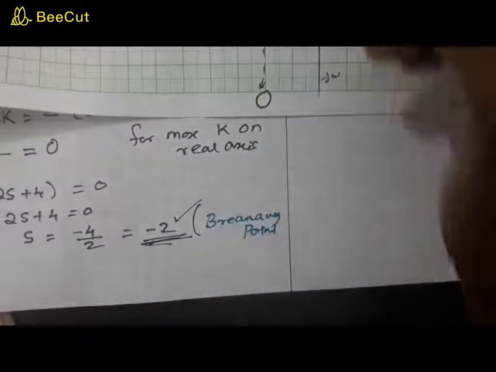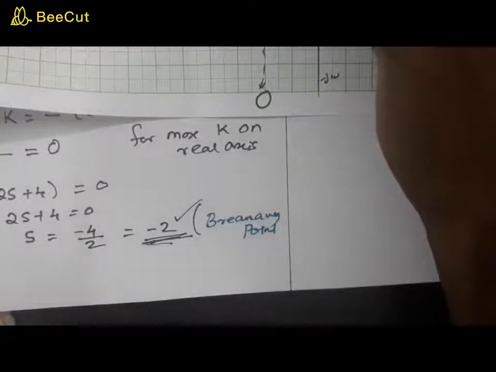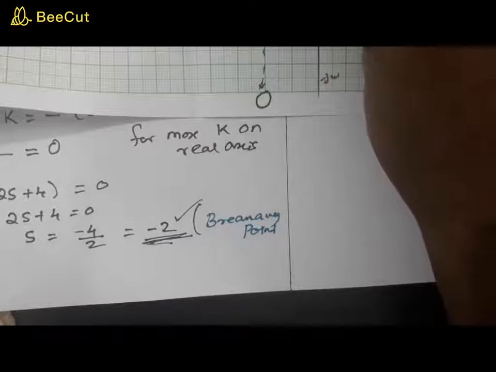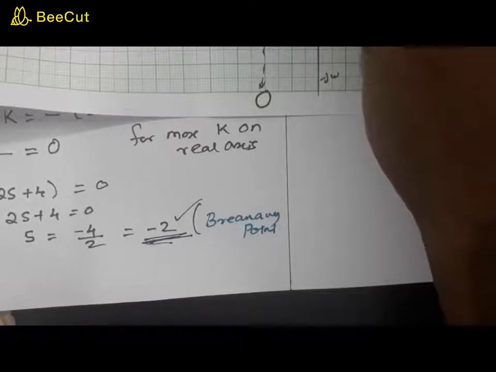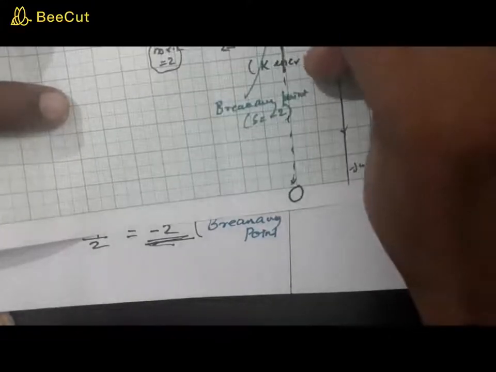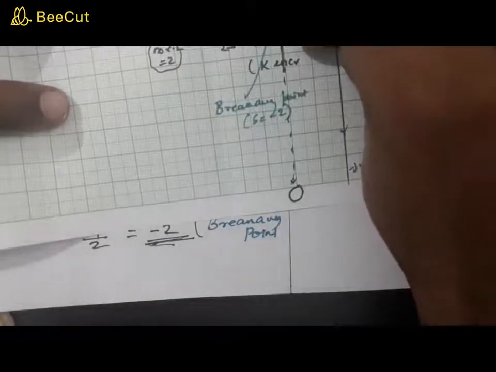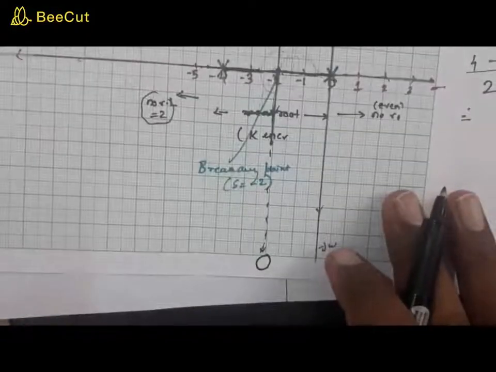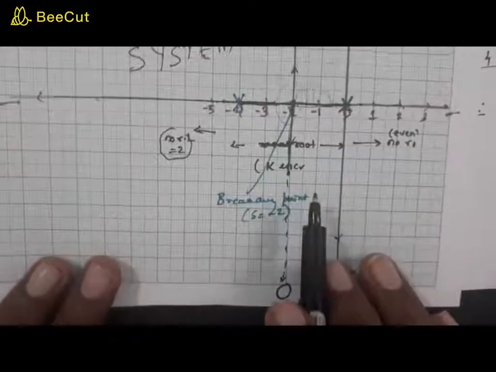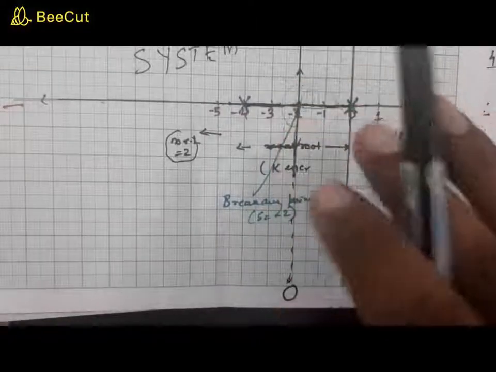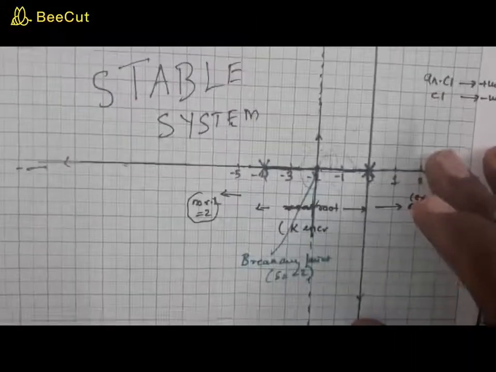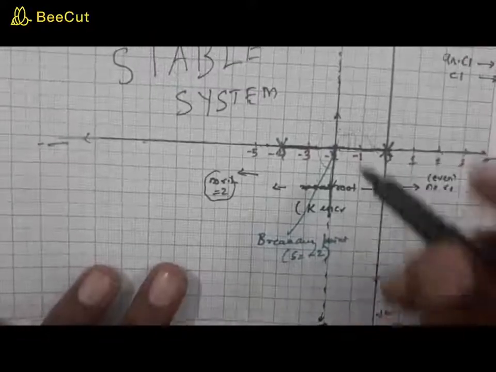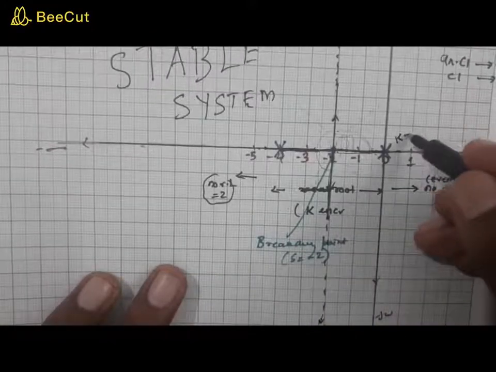Since the breakaway point is equal to the intersection point, you can conclude that this root locus will exactly follow the direction of that asymptote. So you can draw the root locus over this asymptote, and it will go to either of these infinities but on the left half of the s-plane. k always varies from 0 to infinity.